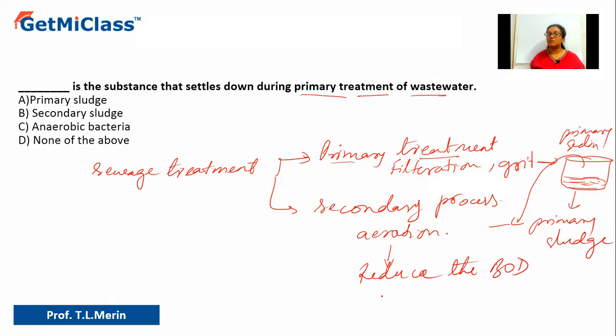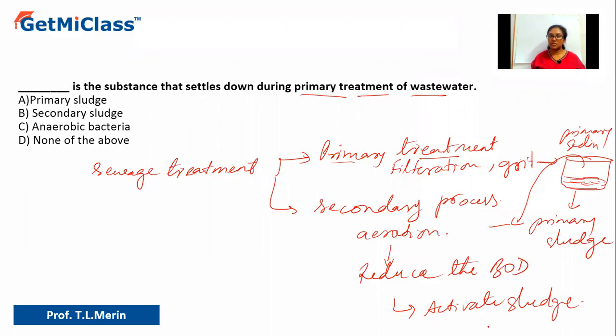And after this, the flocks of bacteria and fungus are allowed to settle down. And then what you get next is activated sludge, because it contains living organisms, that is aerobic bacteria and fungus.